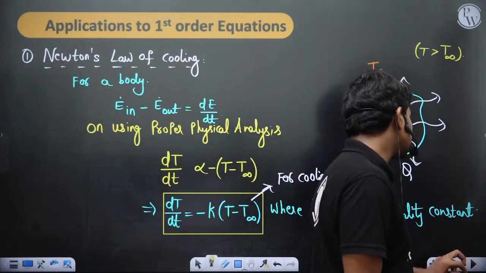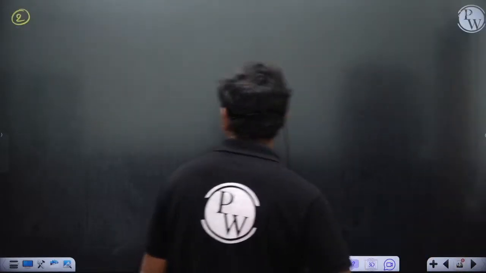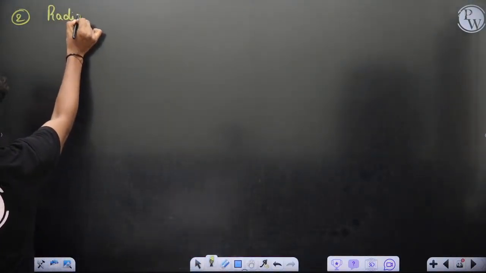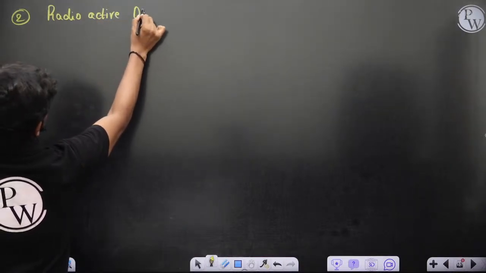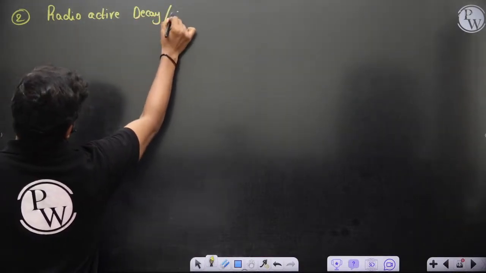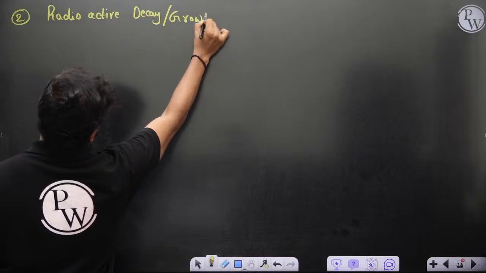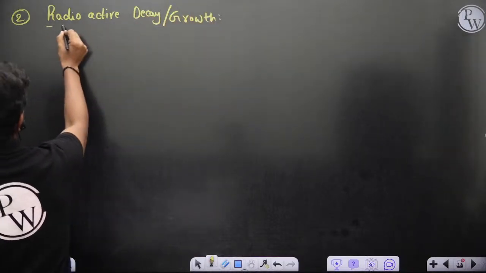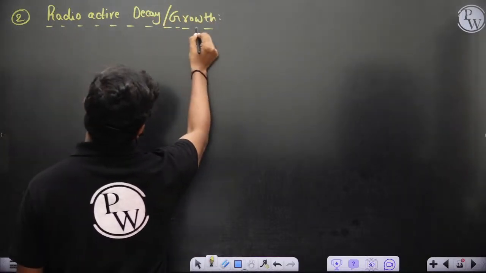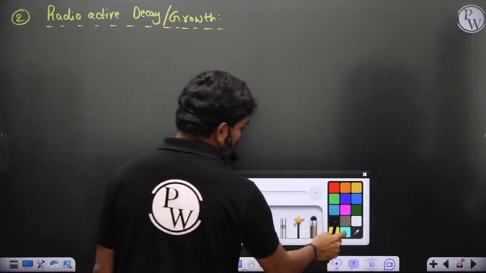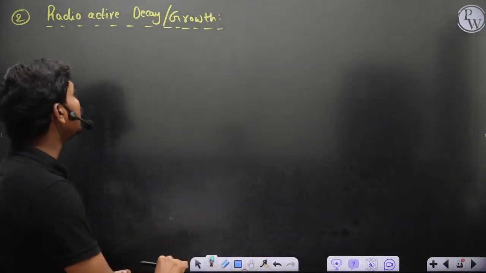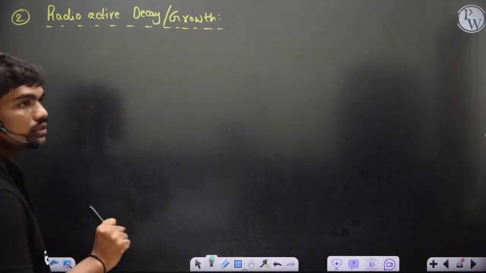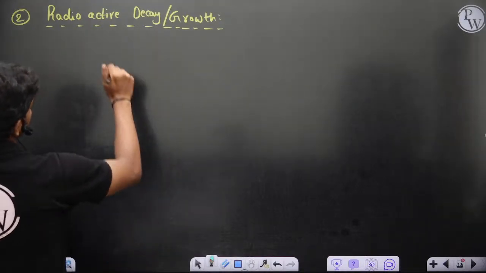Let's look at the second one, radioactive decay or growth actually. Normally these are called the population models in general. So this is the population model, of course. Clear? So let's see radioactive decay or growth basically.